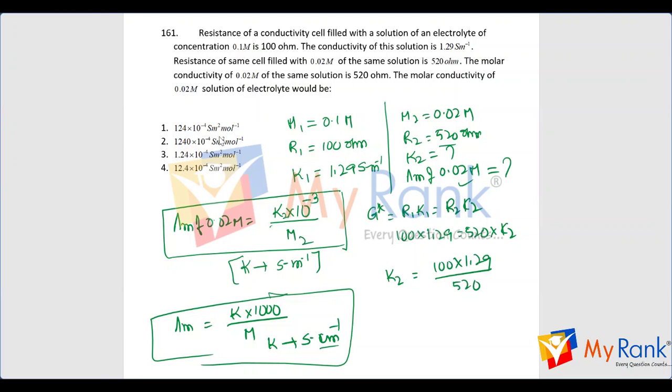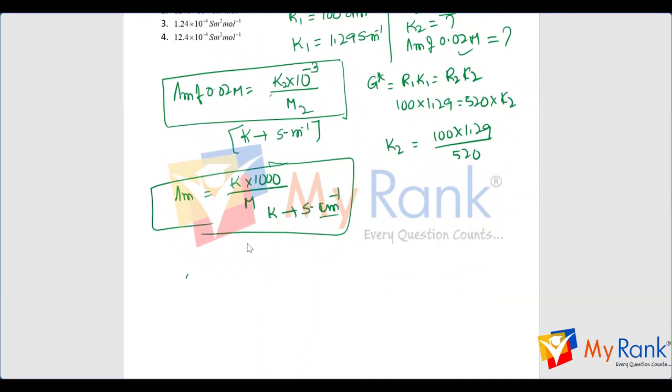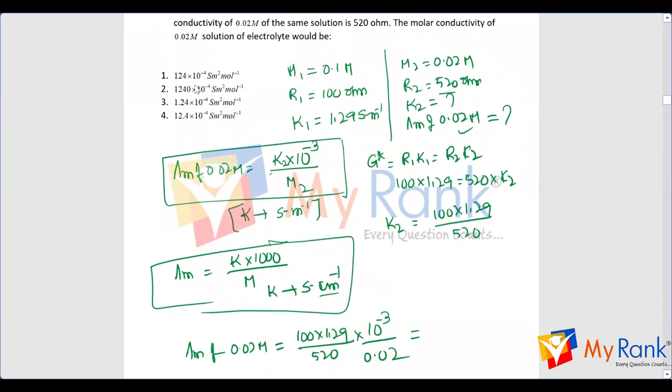If you substitute this K2 value, lambda m of 0.02 M is equal to 100 into 1.29 divided by 520, into 10 power minus 3, divided by 0.02. If we simplify this, we get 124 into 10 power minus 4 Siemens meter square mole inverse.